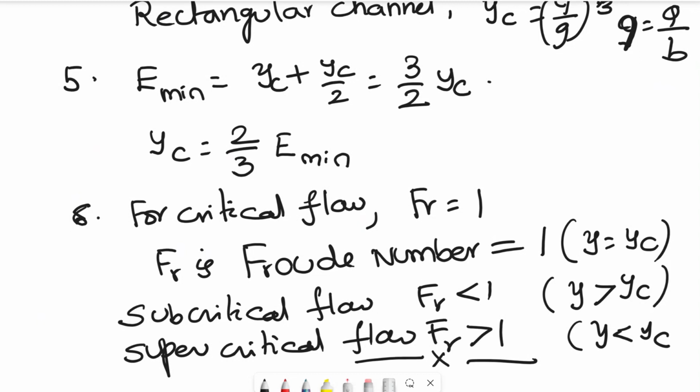So I will stop the lecture here. What are the takeaways in today's lecture? Number one, for a given channel section and discharge, that means discharge is constant, for critical flow, specific energy is minimum.